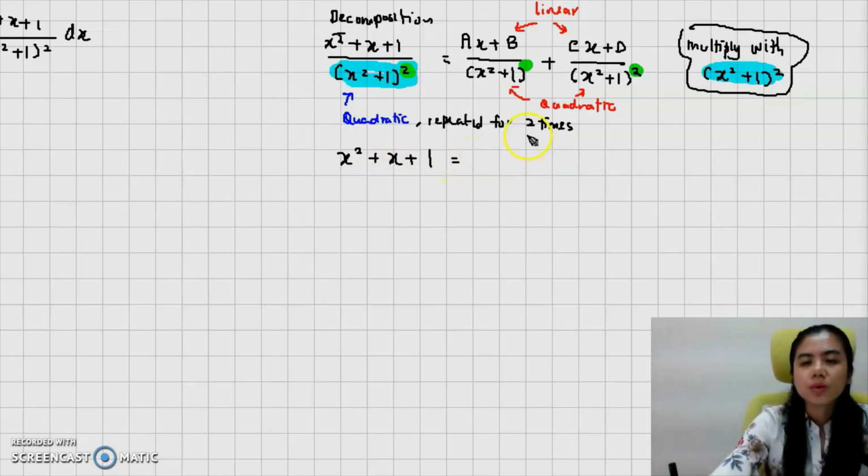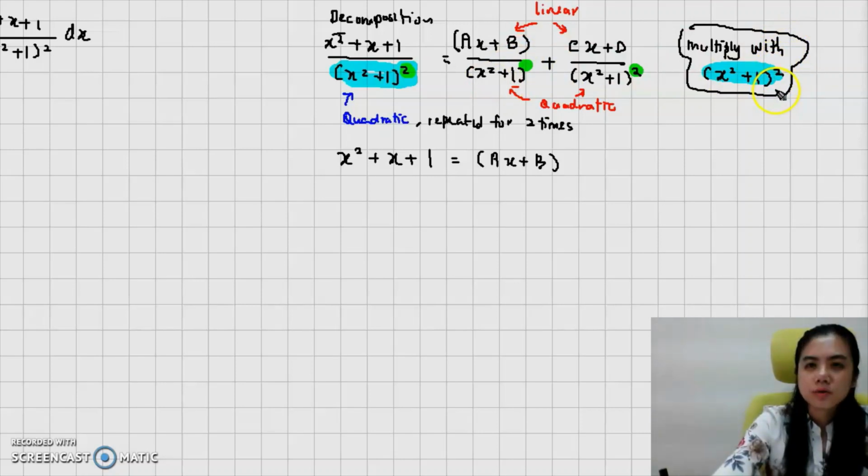What happened to the right hand side? This one, let's just write in the bracket first, just so it doesn't confuse you. Once you multiply this with this, what happened? This is bracket power 1, and this is bracket power 2. So you can cancel, and you're remaining with one bracket that consists of x squared plus 1. This is the same thing, but just this power 1, this power 2, so you multiply the power of 2 in here.